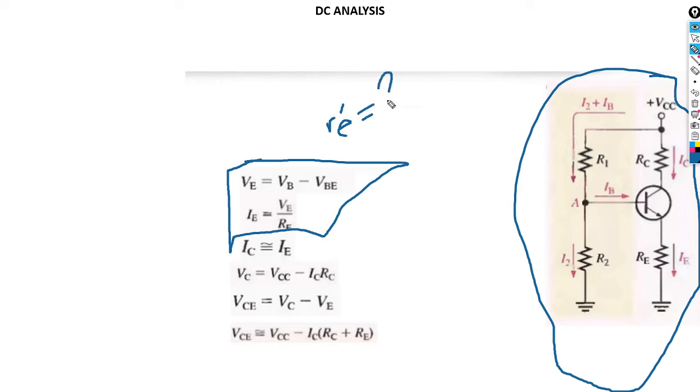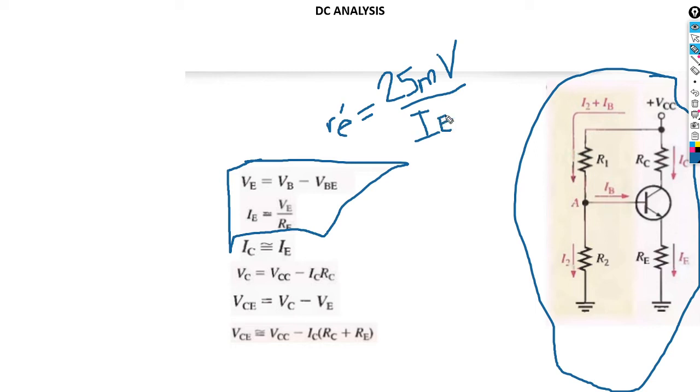That's what you need. You come here, you look for your I emitter. Okay, your I emitter for the DC circuit will help you to calculate your internal emitter resistor for your transistor.